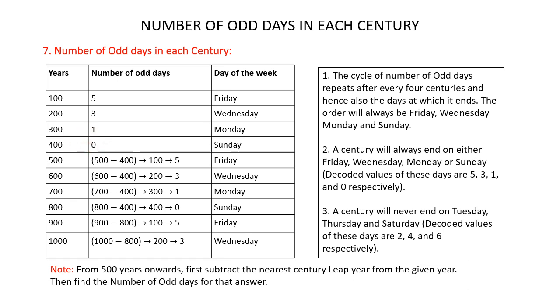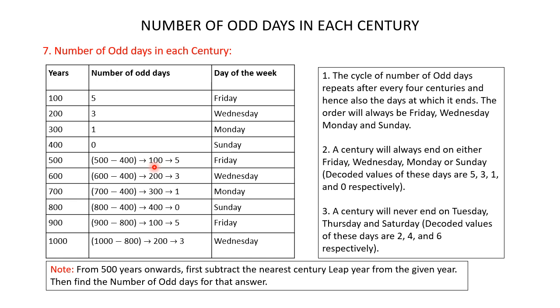Now from 500 years onwards, we have to first subtract the nearest century leap year from the given year. Then find the number of odd days for that answer. For example, if we take 500 years, the nearest century leap year would be 400. So 500 minus 400 is 100.